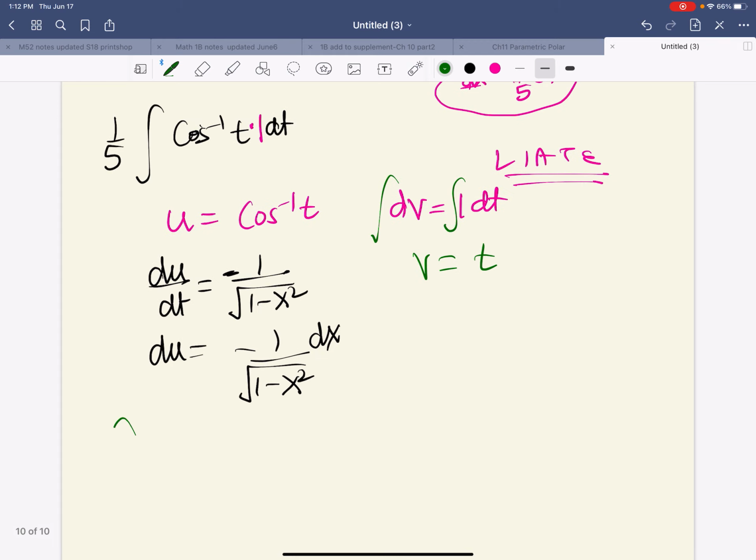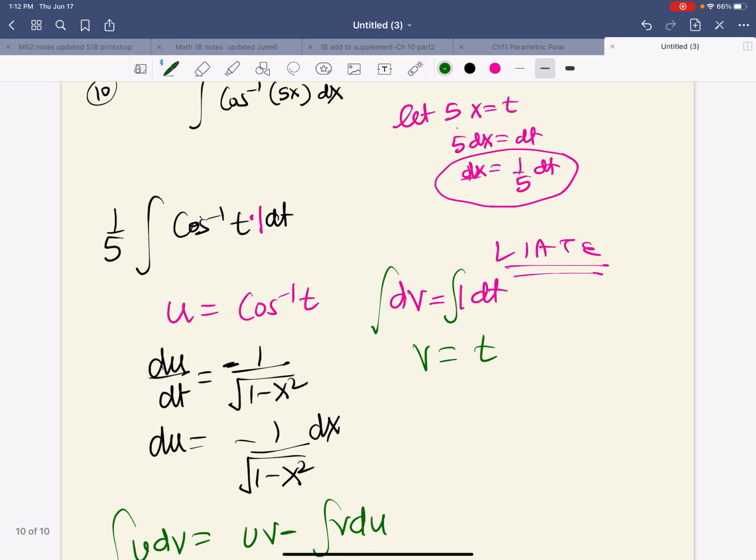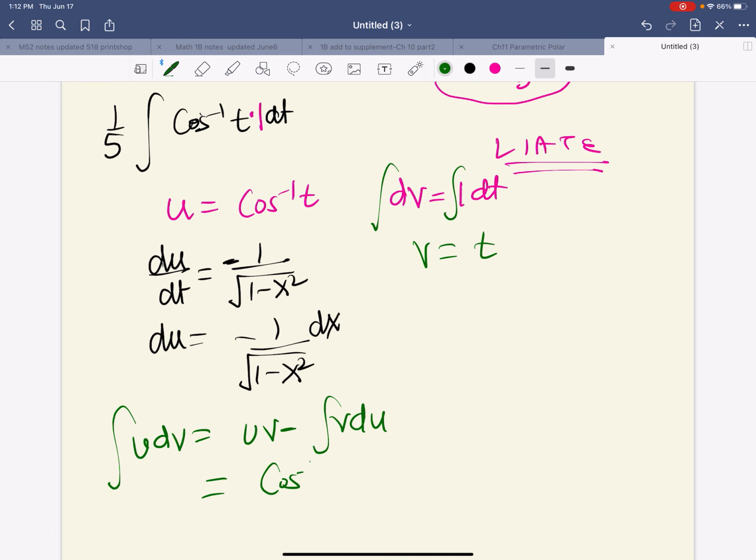All right, so now the integral of u dv is equal to uv minus the integral of v du. u was cos inverse t, and v is t. So t cos inverse t minus the integral of v du. v is t, and du is, I'm going to pull the negative out and make it positive in the front, 1 over square root of 1 minus x squared d.